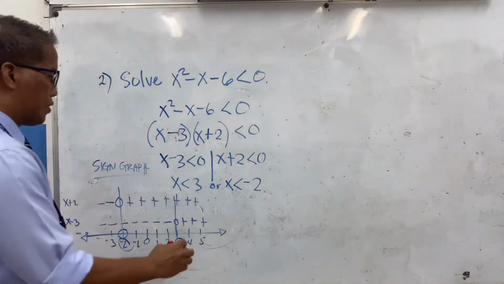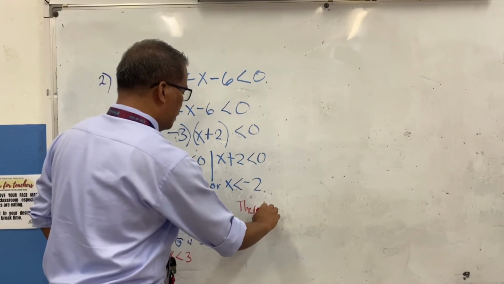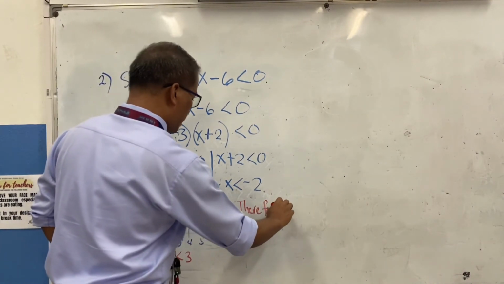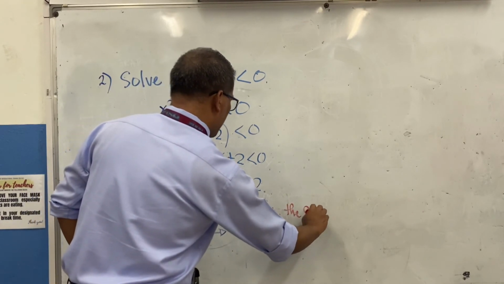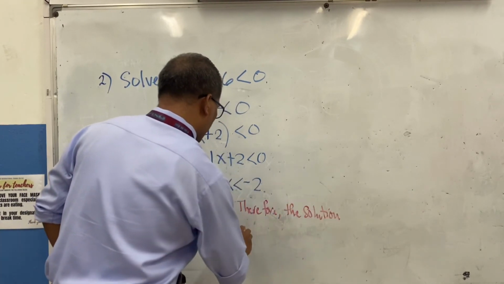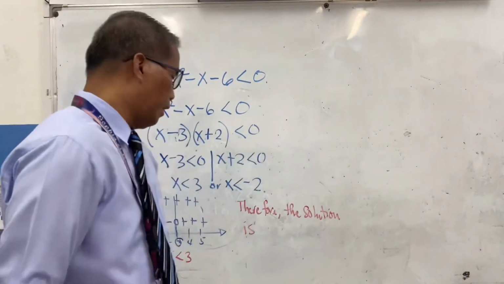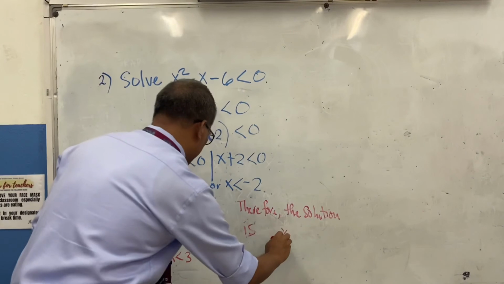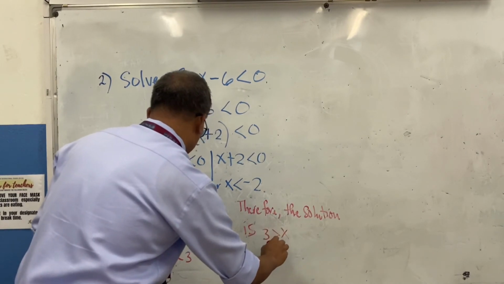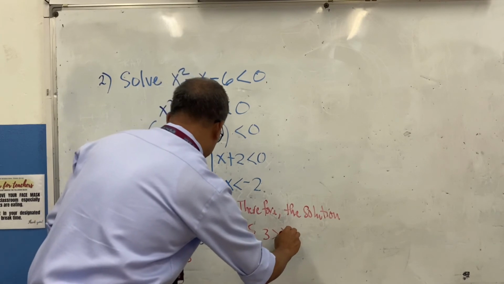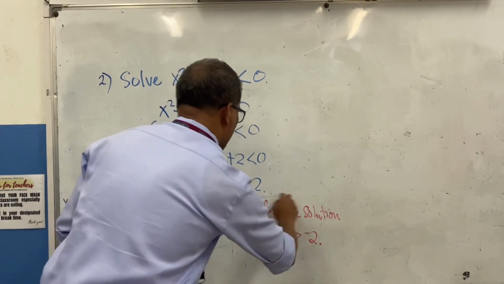So to write your answer, therefore, the solution of this inequality is x less than 3 and x greater than negative 2. So this is now the answer.